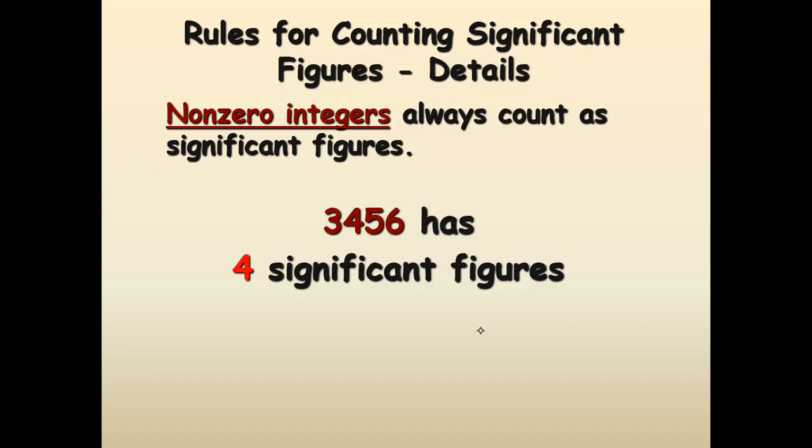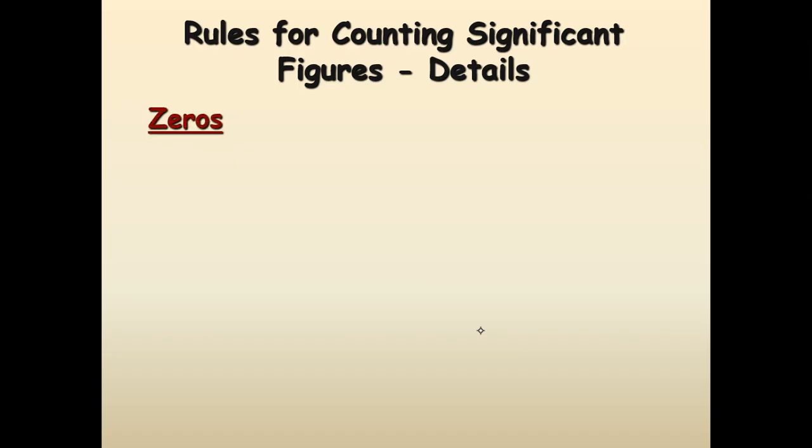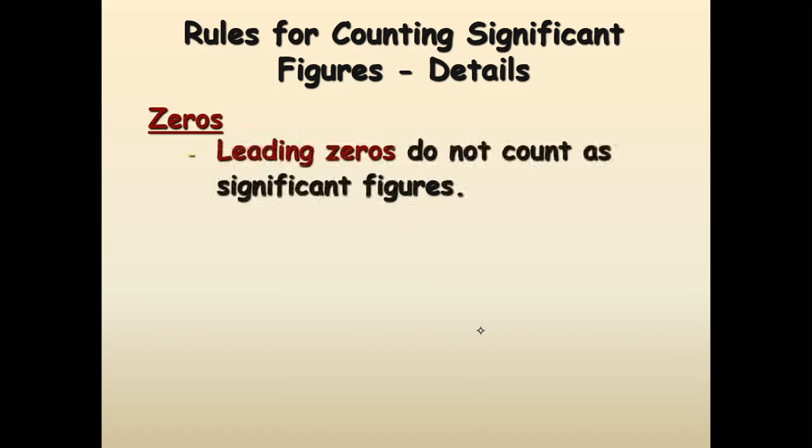What to do with those ding-dang zeros? Well, there's a handful of rules for the zeros to make things that much more complicated. So it's the first zero rule. Leading zeros don't count as significant figures. So what does a leading zero look like? This number, 0.0486, has two leading zeros.